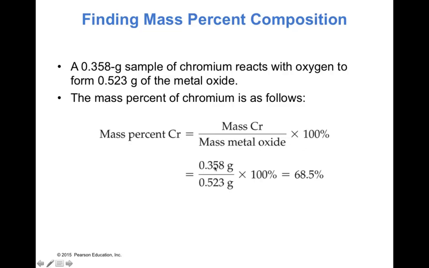So it will be 0.358 grams divided by 0.523 grams. This is the mass of the chromium, as we can see here, and this is the total mass of the metal oxide. Times 100, this will be equal to 68.5% of chromium in that oxide. So that's how you can determine the mass percent of an element.